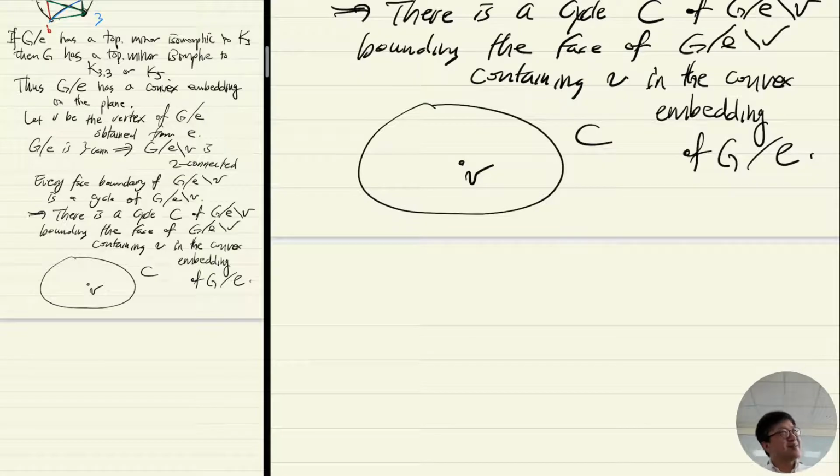Is it correct? Yeah, but anyway, you draw the convex embedding on the plane, rotate, and project it back, and then you get another convex embedding, and that's how you can assume the face that contains V is convex.